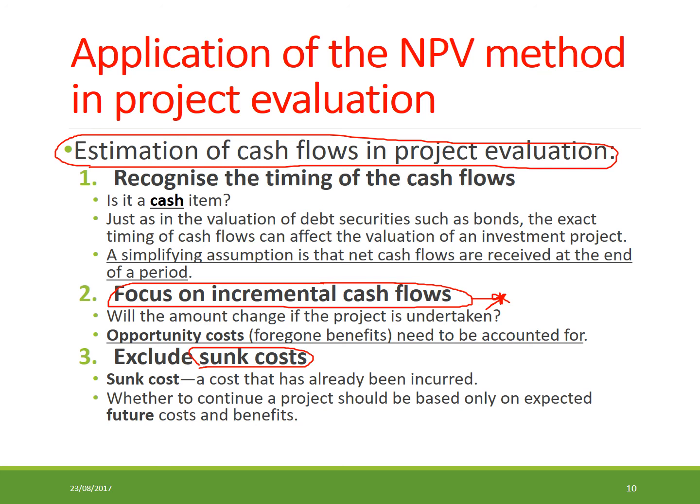Regardless of which project I pick from the list, I will have to pay the consultant anyway. So that's the sunk cost, because regardless of whether I choose project A or project B, the cost would already have been expensed.